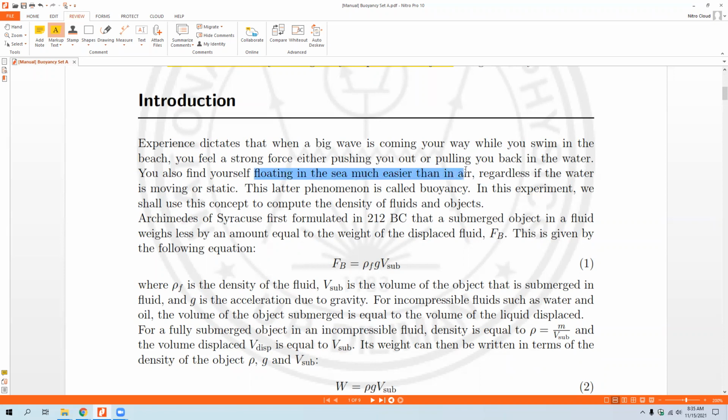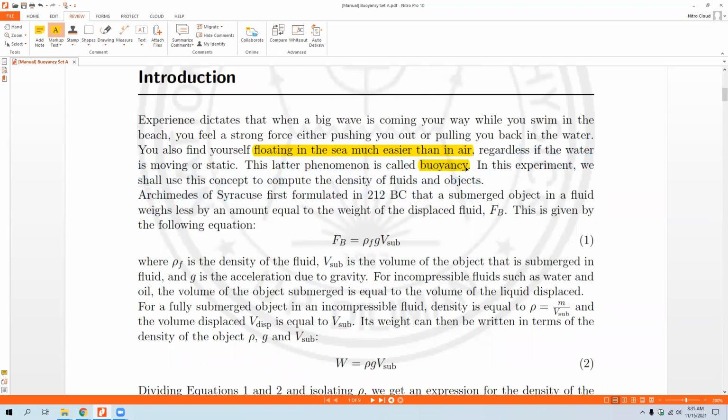So ito important kasi this is our concept for today, which is a force called buoyancy or buoyant force. So ang buoyant force, basically, it's the force that enables you to float when you are immersed in a fluid.